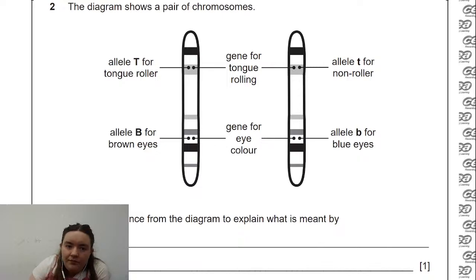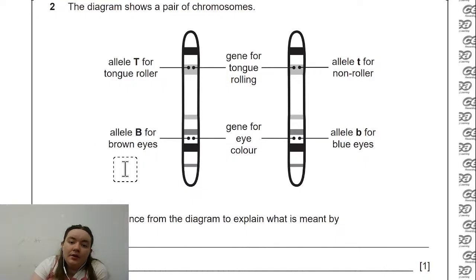So use evidence from the diagram to explain what is meant by a gene and an allele. A gene is the placement of the genetic code that codes for a particular characteristic, and the allele is essentially the variant of it.